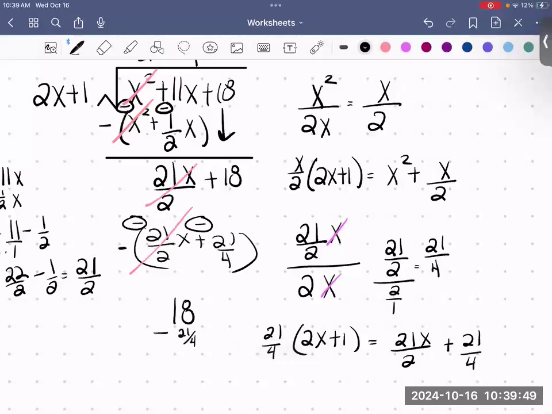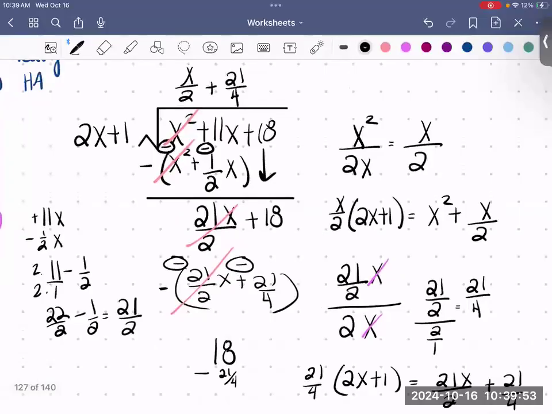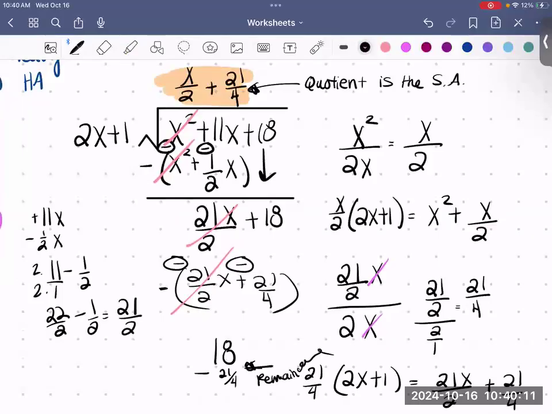If we wanted, we could stop here because we don't need to continue any further, because the value from above is your slant asymptote. This is your quotient. So your quotient is the slant asymptote. Your remainder, your leftover bit, is just that.